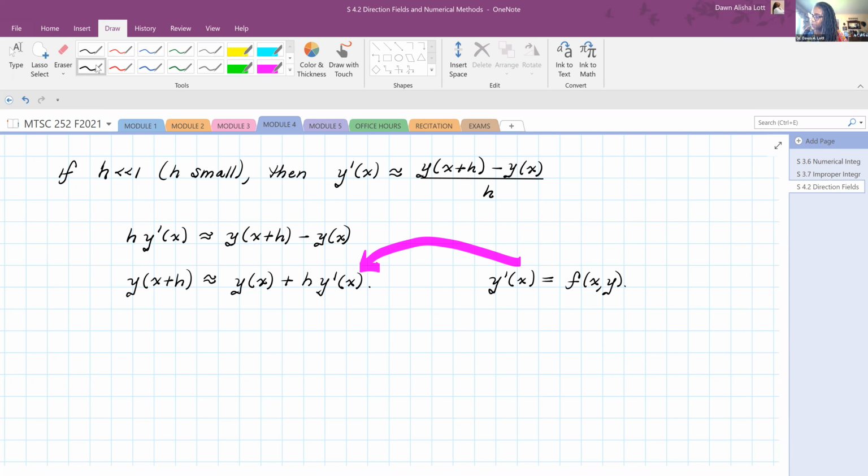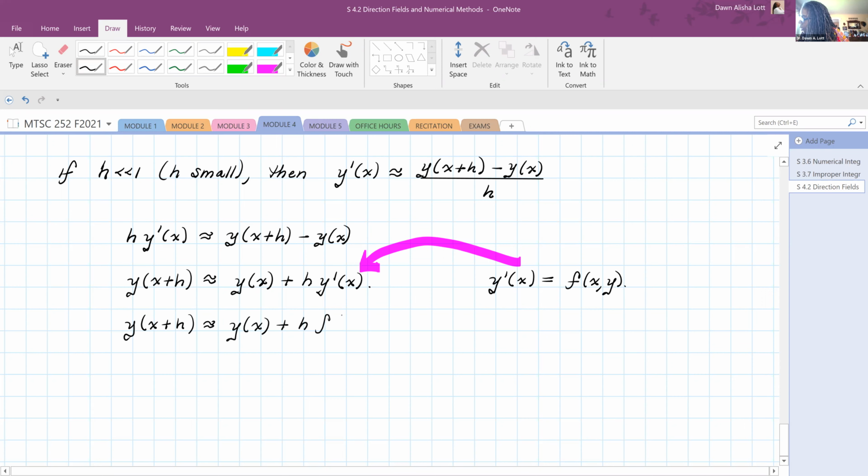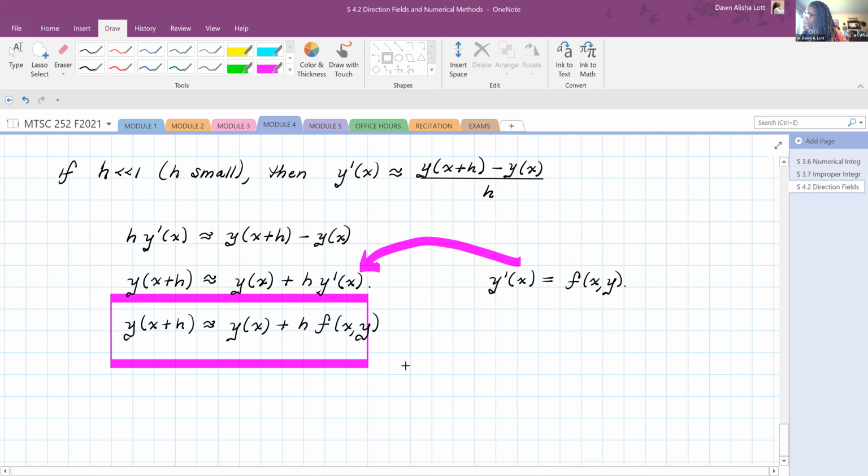And now I get that y of x plus h is approximately y at x plus h times f of x and y. And this thing has a name. This is called Euler's method.